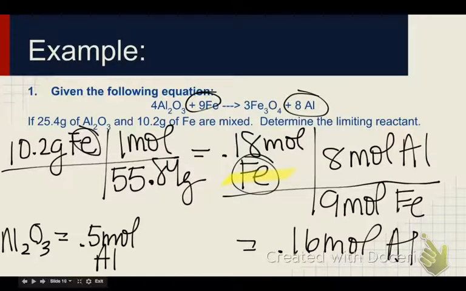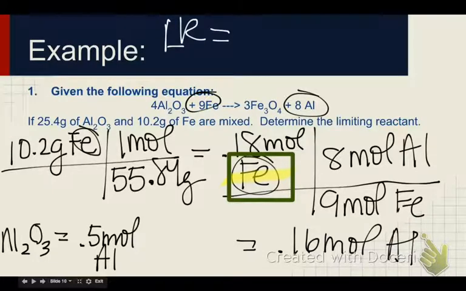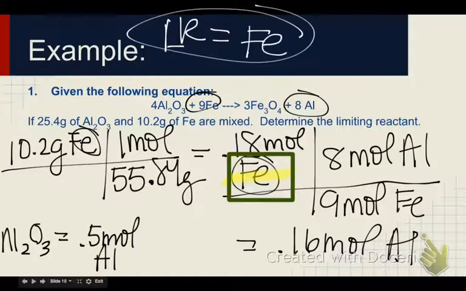Remember, it's not aluminum. Aluminum is a product, okay? It's going to be either aluminum oxide or Fe. In this case, Fe. So make sure that you write on the side or write in the top in a box so that way I can see it. LR is equal to Fe.